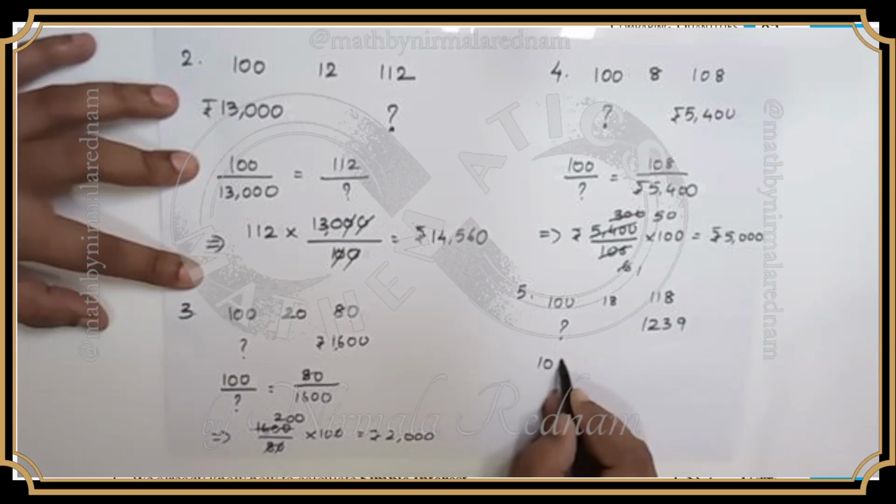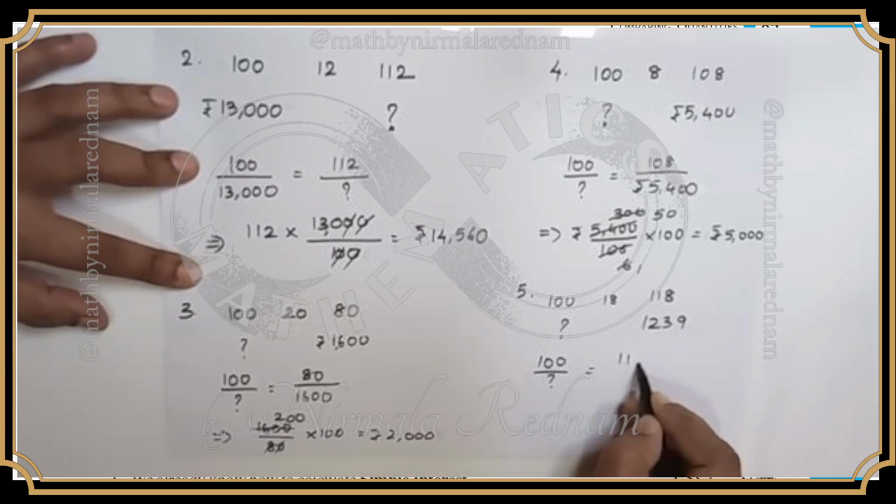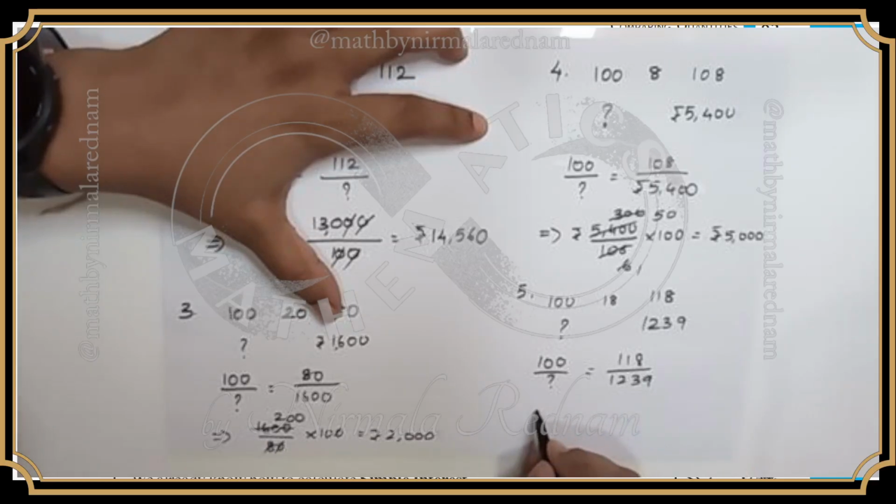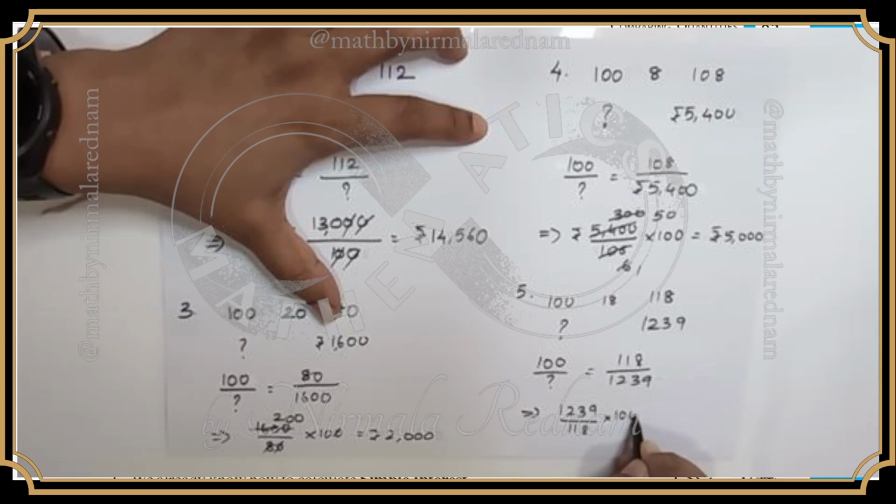And I'm going to cross multiply this, and I will get 1239 by 118 into 100, right?